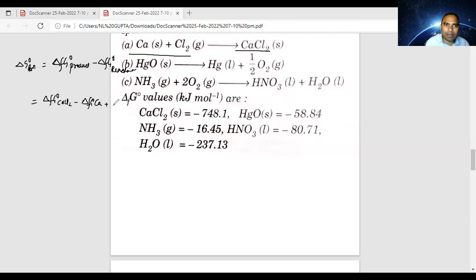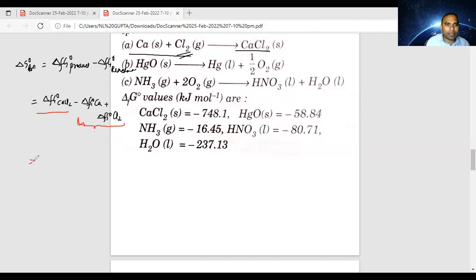Another reactant is there: delta Fg naught of Cl2. So these are what we need to write. So delta Fg naught CaCl2, and second one is delta Fg naught Ca and Cl2, right?